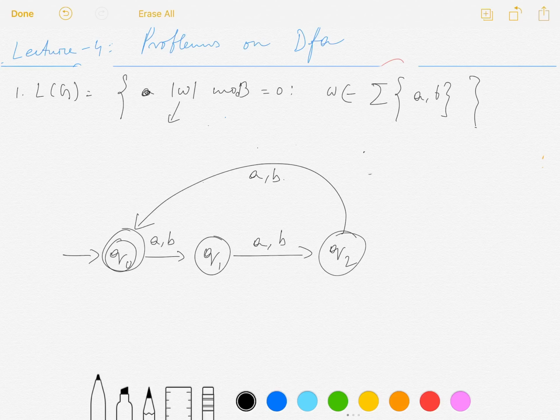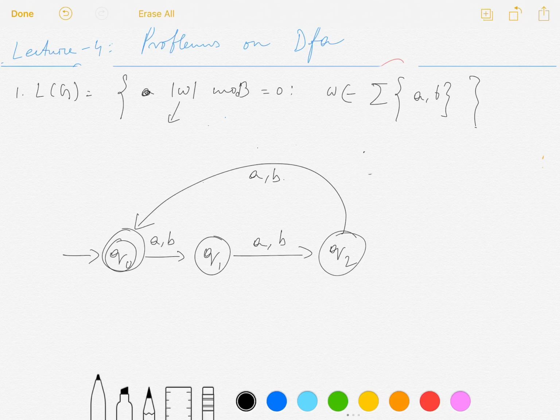Again, if it accepts any one symbol, the length will become 4. Again, another symbol is accepted, the length becomes 5, which is not satisfied by this machine. And again, if another symbol is accepted, the machine will again reach the initial state, that is the final state. So, in this case, the initial state and final state will be the same.